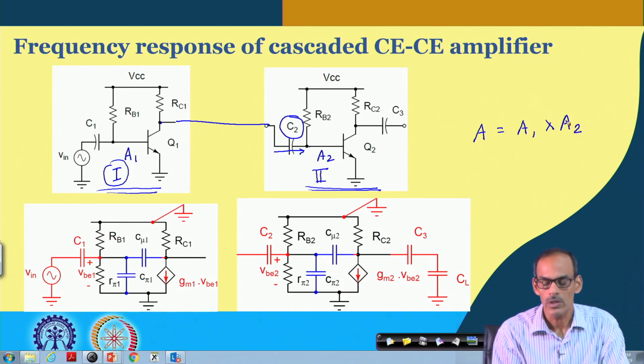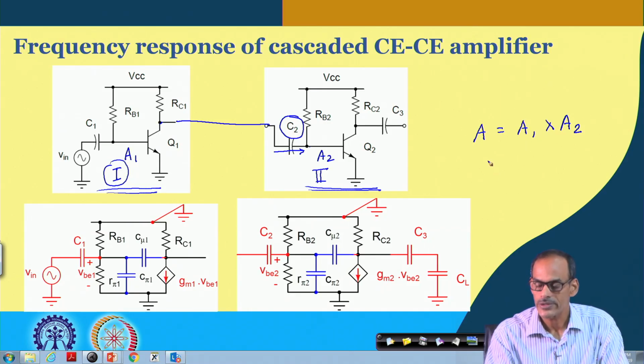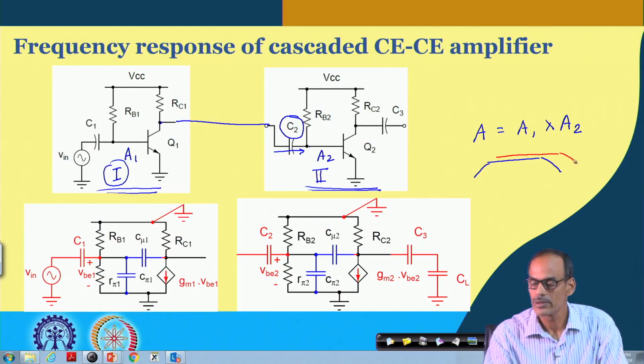And also, the first stage circuit may have a certain bandwidth, and the second stage may have a similar kind of profile, with a certain bandwidth.